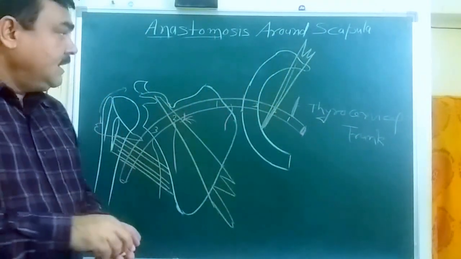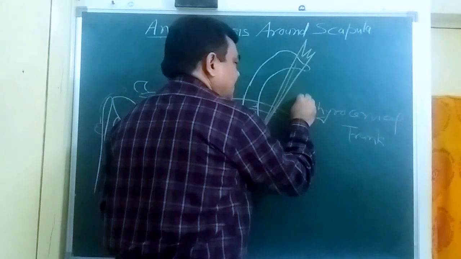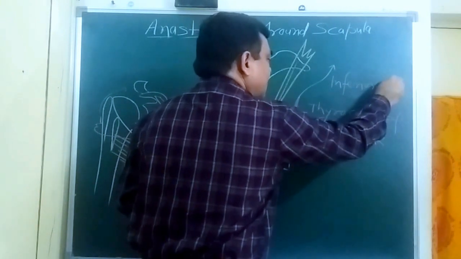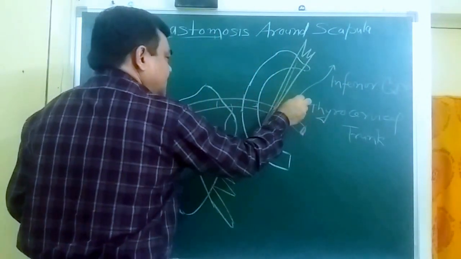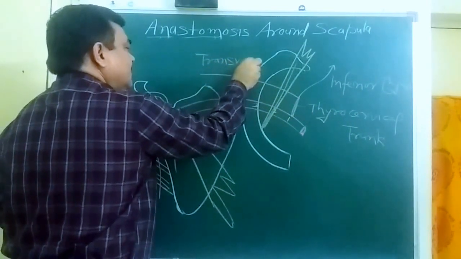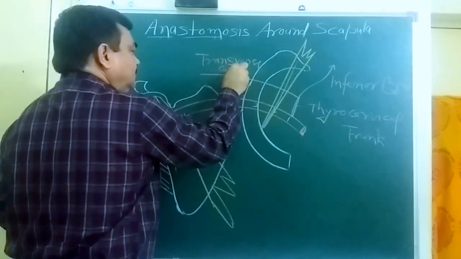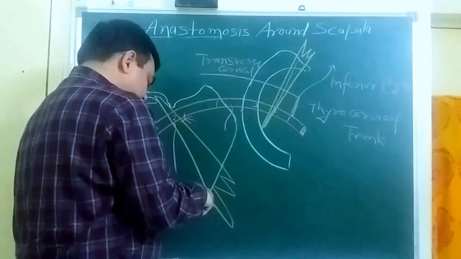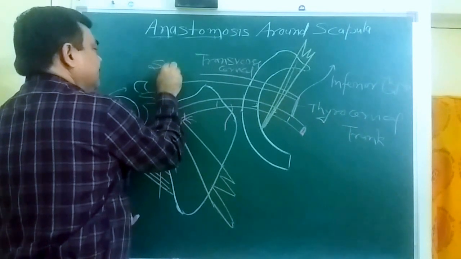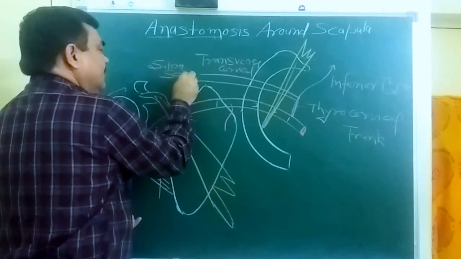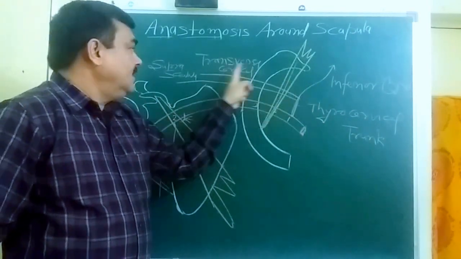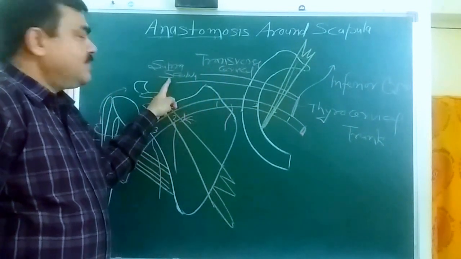This thyrocervical trunk gives three branches: this is the inferior thyroid, this is the transverse cervical, and here is the suprascapular. So the thyrocervical trunk gives three branches: the inferior thyroid artery, the transverse cervical, and the suprascapular artery.